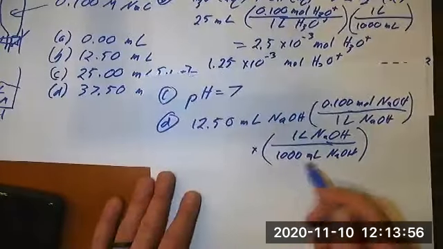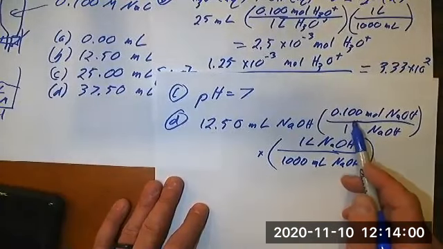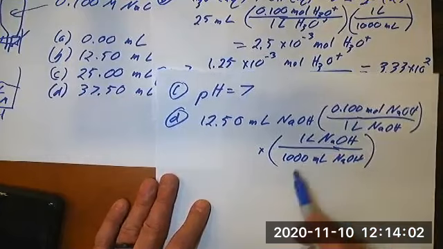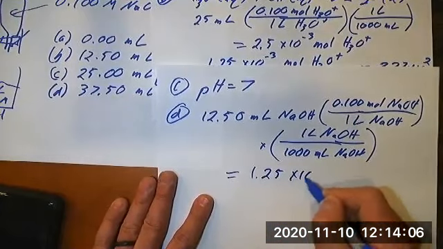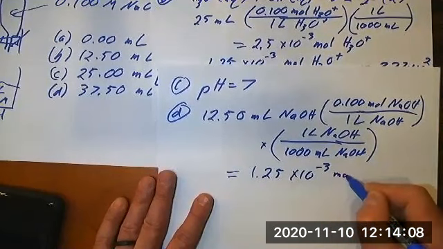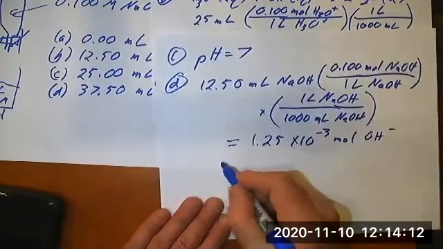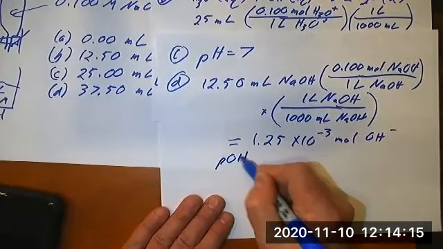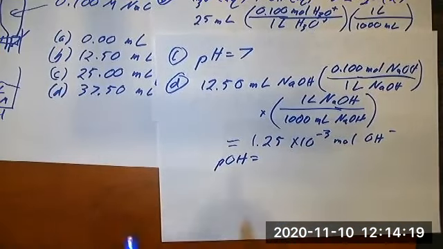That's all right. We'll go ahead and do it this way. So the 12.5 times 0.1 takes us to 1.25, divided by 1,000 gives us 1.25 times 10 to the minus 3 moles of hydroxide. We can get our pOH from this by taking the negative log base 10 of that value.